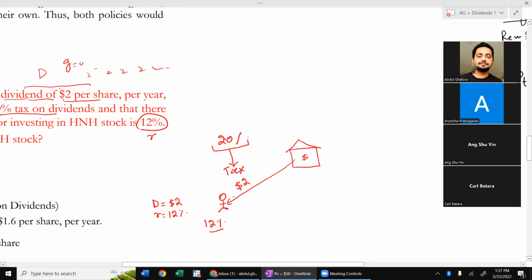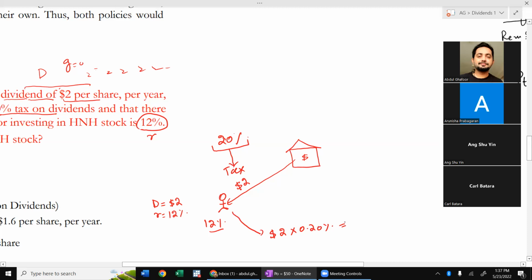When this investor receives $2, he has to pay some tax, because this dividend is income for him. So how much is the tax rate? 20%. So when he receives $2, he has to pay 20% as tax.